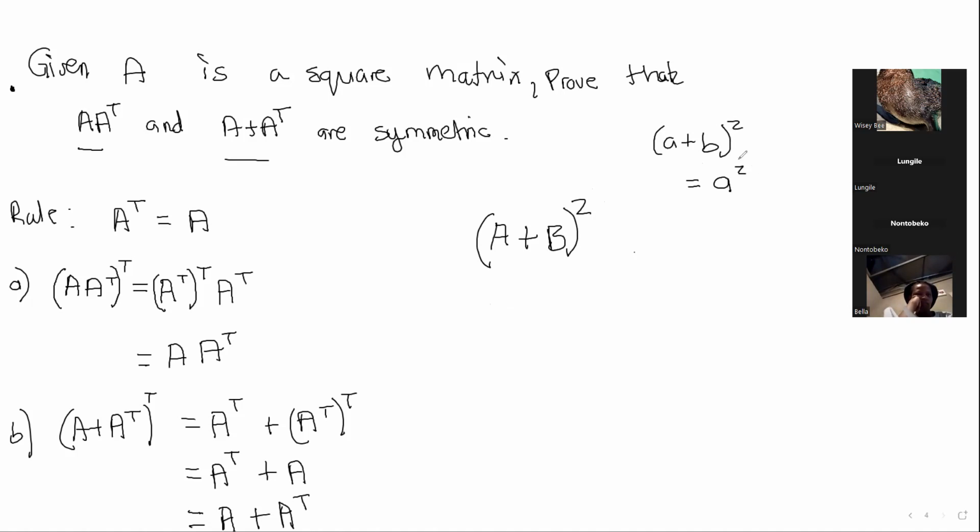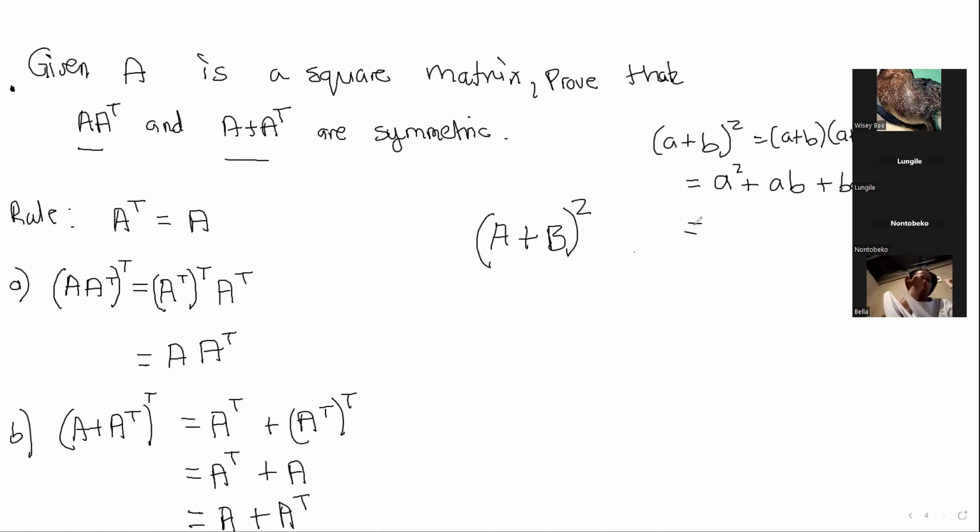Basically, it's like two brackets here, the same as A plus B times A plus B. So this is A squared, AB, and then BA, plus B squared.